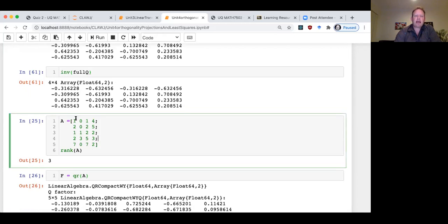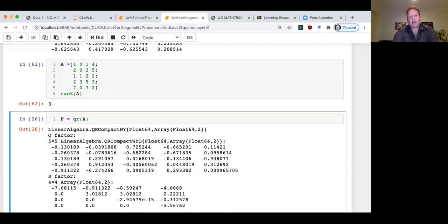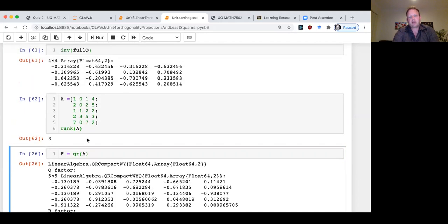And here now, look, I have an A which is no longer full rank, okay? I've taken the A of before, but now I've appended this third column. The third column is just the sum of the first two columns. You see, it's 3 plus 2 is 5, etc. The fourth column is new. So the rank of this A is again 3.